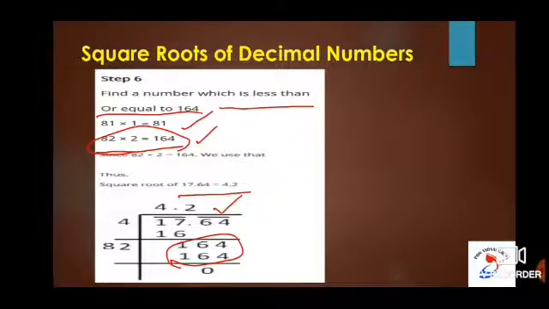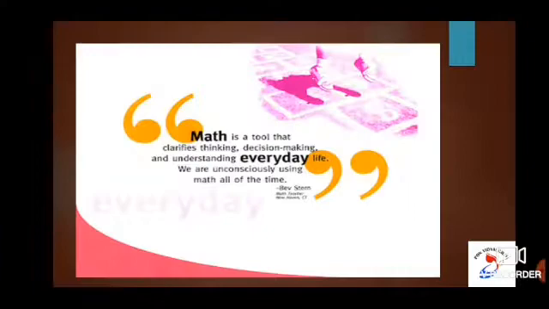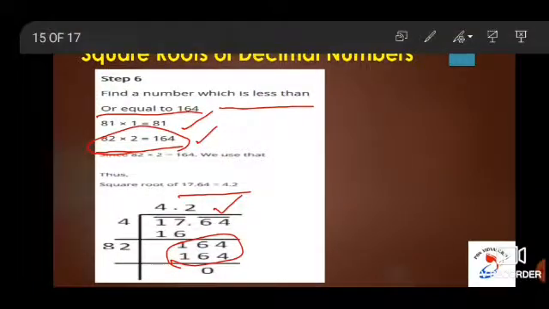This long division is very important, and you also have to be very clear with the square table, that is 1 multiplied by 1 is equal to 1, 2 multiplied by 2 is equal to 4.